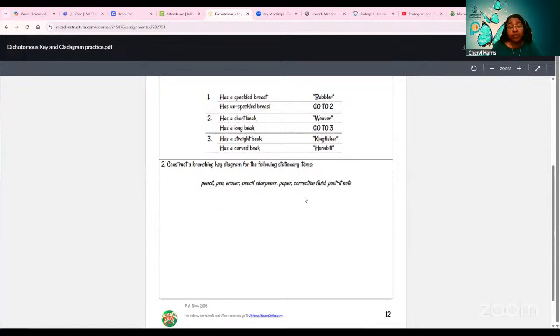But you're going to think about how each of these are related to each other, so that the tree you draw should show the ones that are closely related close together, and the branches that are furthest apart should end with whichever one has the least in common with all the rest of the stuff.